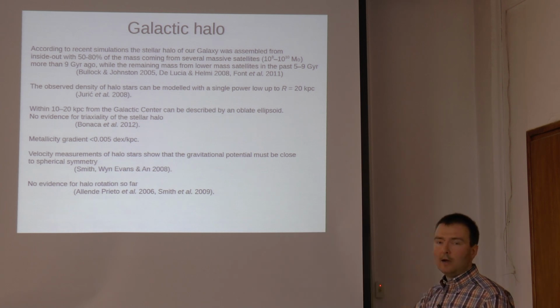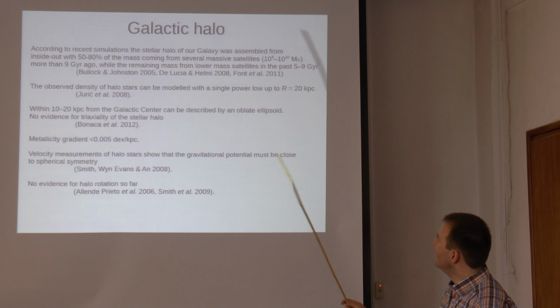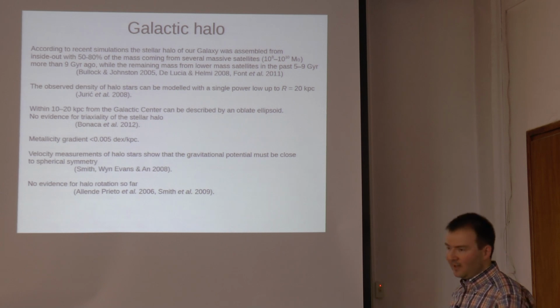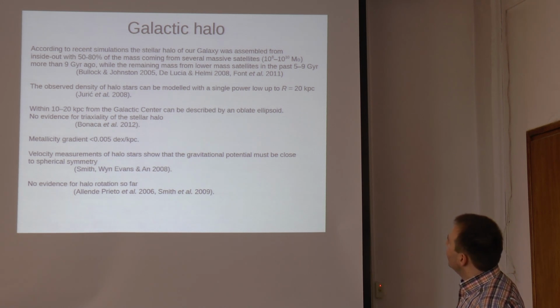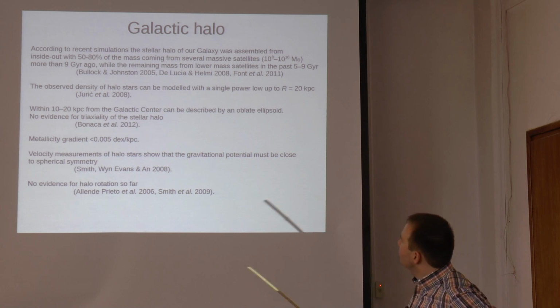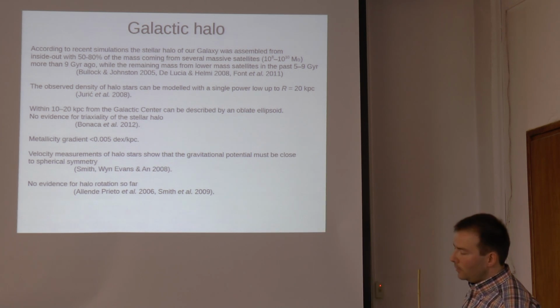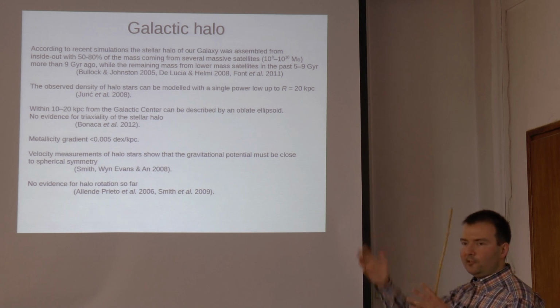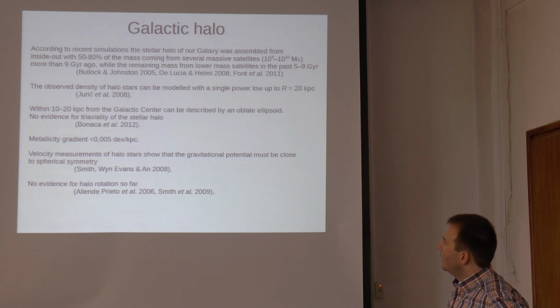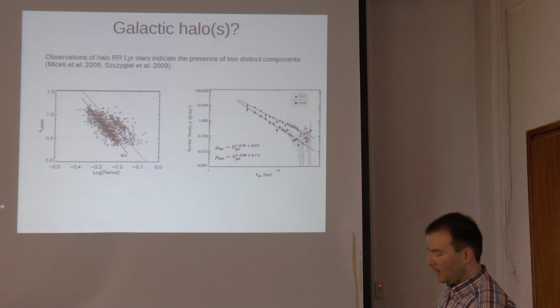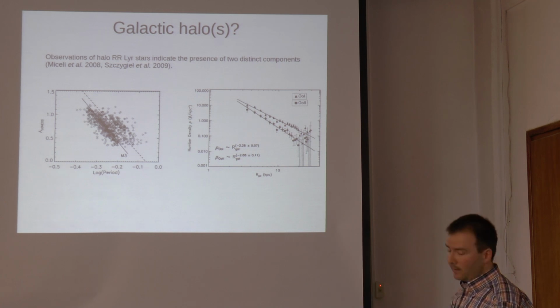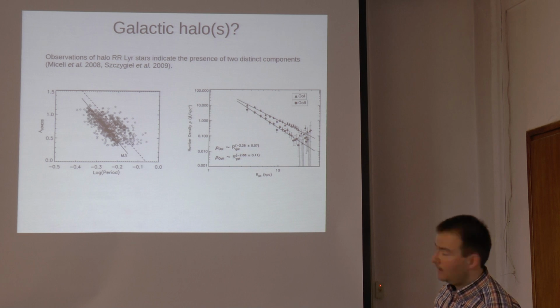Then, if we go outside, we have the galactic halo, and in the galactic halo, we have substructures, as I will show you. What we are not sure about is the shape of the galactic halo, and how it was formed. For example, there is a hint that maybe there are two populations in the galactic halo.